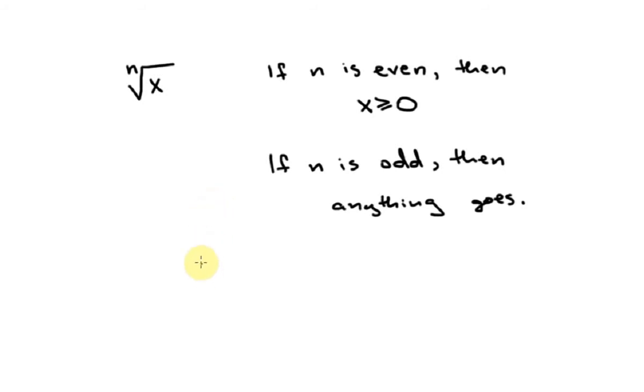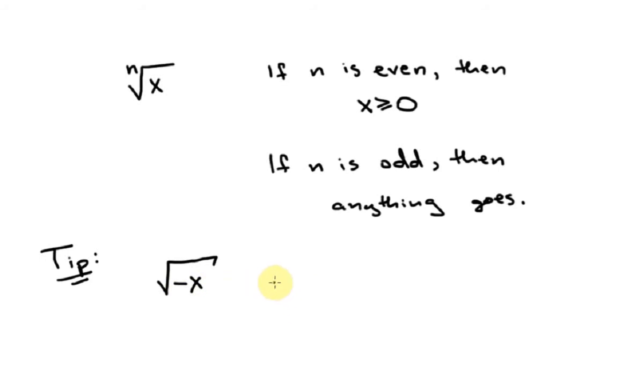Sometimes though, and this is my tip before we finish, you have to do a little bit of thinking before you rush in. You can't just go, oh, that's an even number, therefore. You have to do a little bit of analysis. Let me show you what I'm talking about. Somebody throws this at you. Notice this isn't just the square root of x, it's the square root of -x.